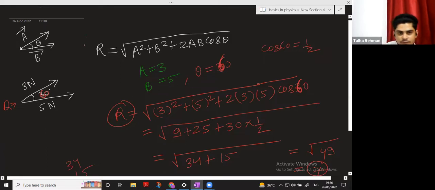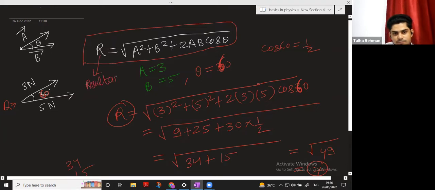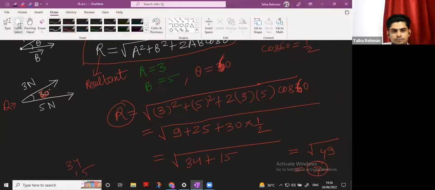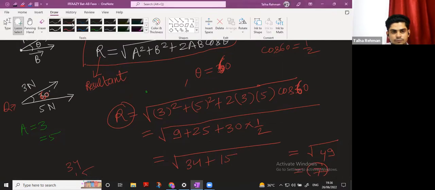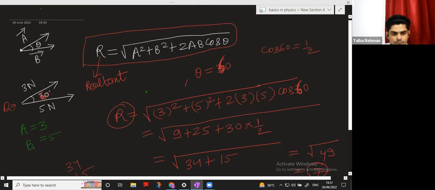So please remember this formula. If we find the value of R is resultant, and theta here is 60 degree.